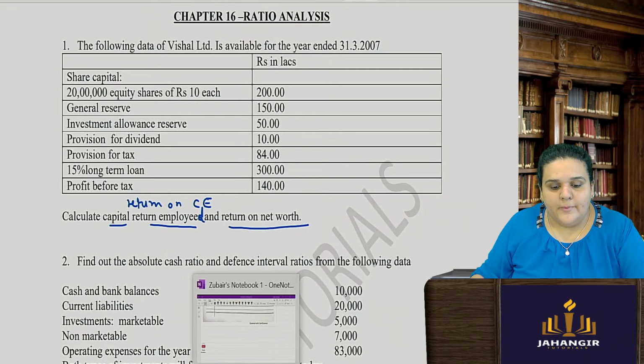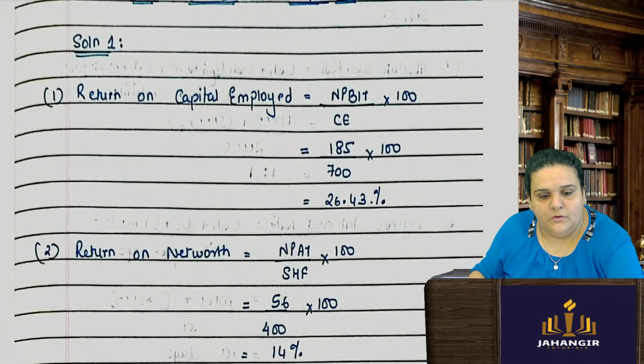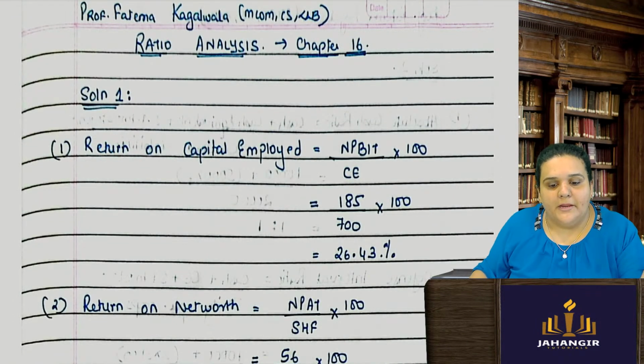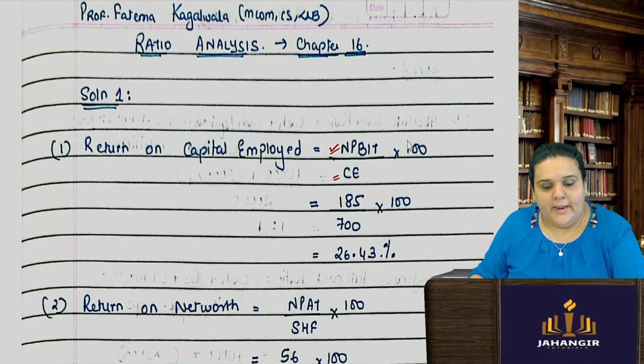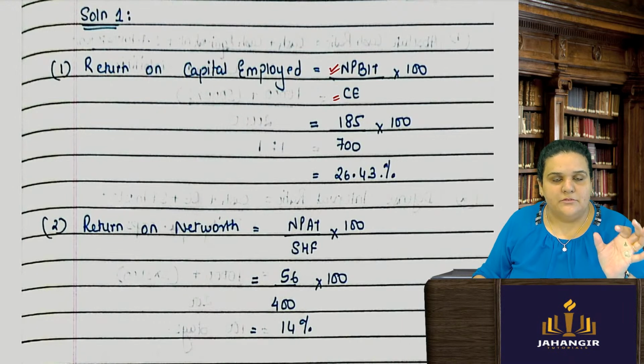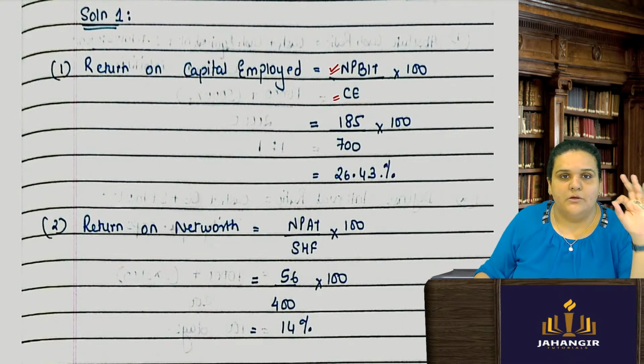Okay. So to make it easy, I am first writing down the formula. Solution 1. Return on capital employed, I have told you, is NPBIT upon capital employed into 100. And return on net worth is nothing but net profit after tax upon shareholders' funds into 100. Now I need all these values: NPBIT, capital employed, net profit after tax, shareholders' funds.